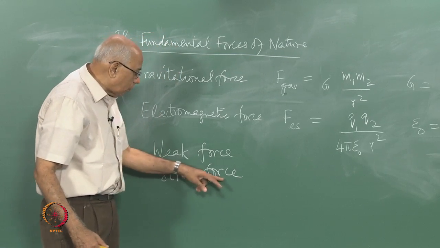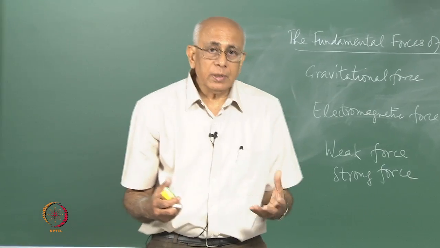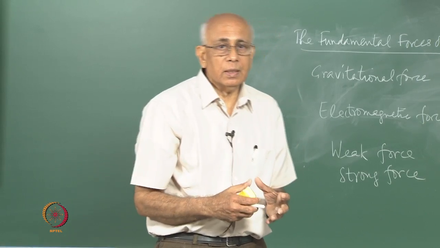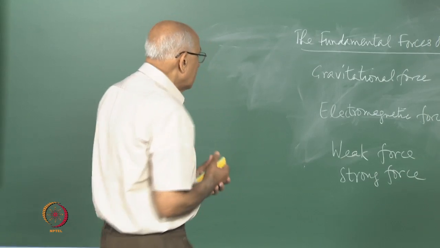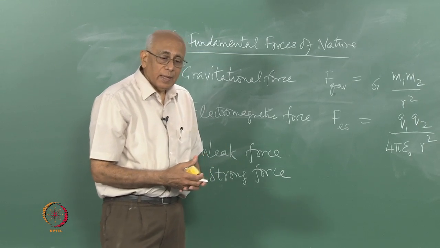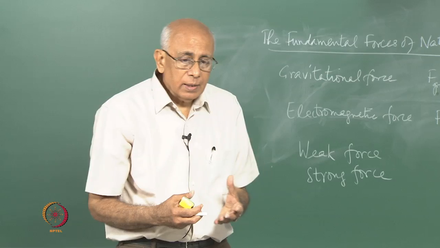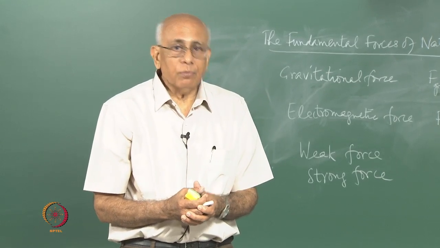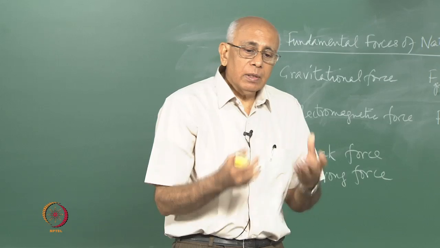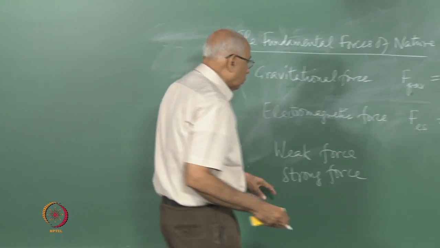This force, the strong force, is responsible for the force between nuclei, the force that keeps an atomic nucleus stable, the force between different protons and neutrons in a nucleus, and in fact for the force that keeps a proton stable, which has quarks inside it, and these quarks bind together to form a proton or bind together in a different way to form a neutron. So even the constituents of the nuclei are kept in place by the strong force.